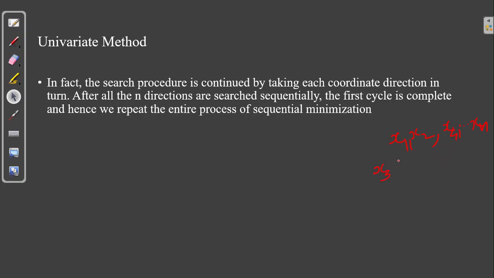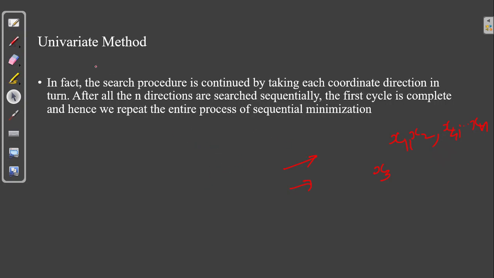In that way we will go in all directions in such a manner that we optimize the function by varying only one variable at a time, or by moving only in one direction at a time.